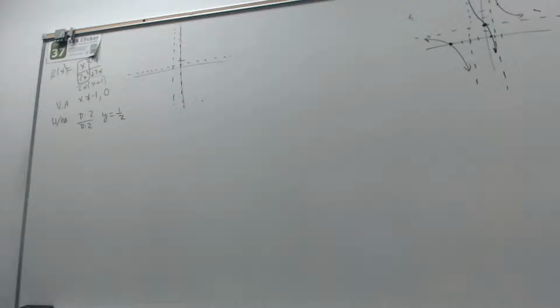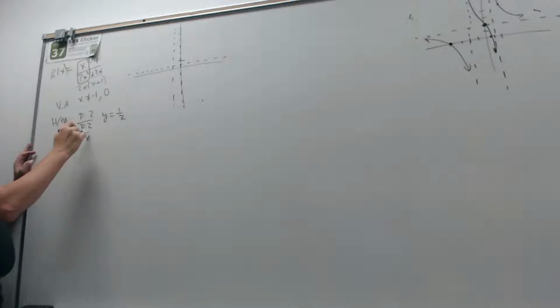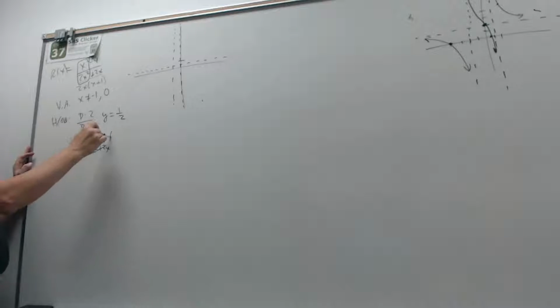Now we need to see if it crosses, correct? Yeah. How do we check that? Okay. So to see if it crosses, we're going to plug in the y, so 1/2 equals x squared minus 4 over 2x squared plus 2x. And then we're going to multiply both sides by 2x squared plus 2x.